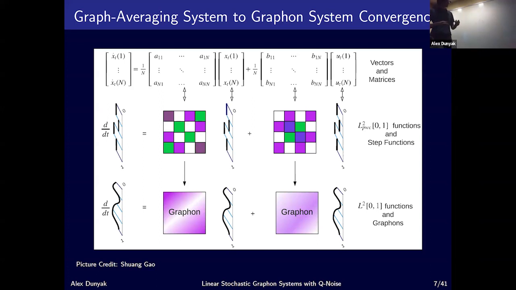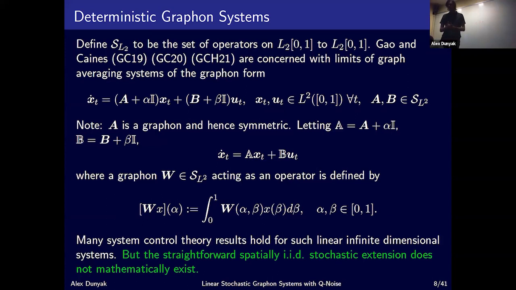And then in the limit, as the number of nodes in the graphs goes to infinity, it converges to this graphon system, where the adjacency matrix is approximated by this smooth graphon, and the states and the controls are approximated just by L2 functions on the unit interval. So just to rigorize that, when we take our graph averaging systems and take the limit, we end up with these deterministic graphon systems.